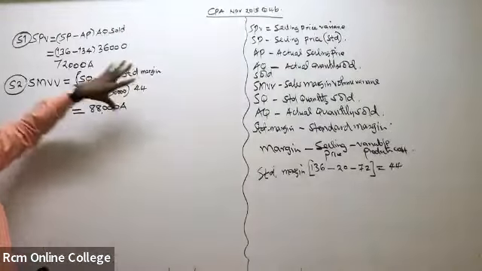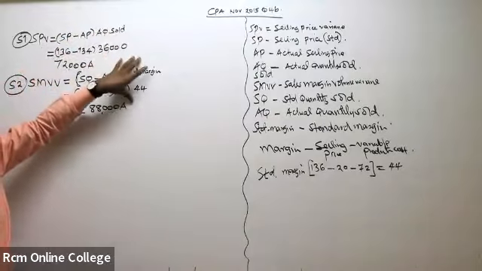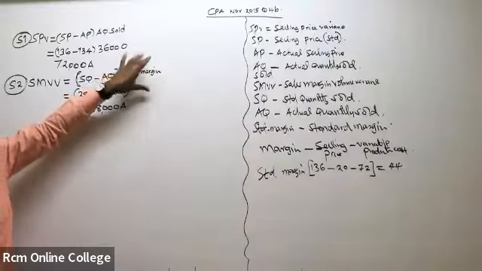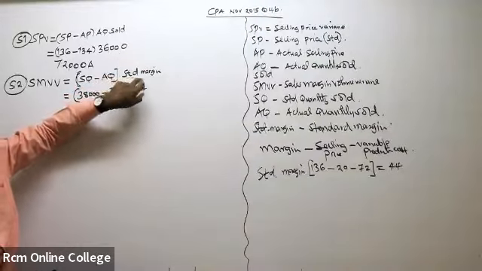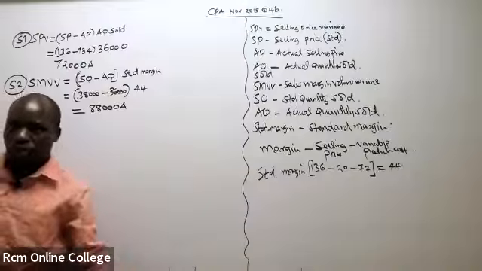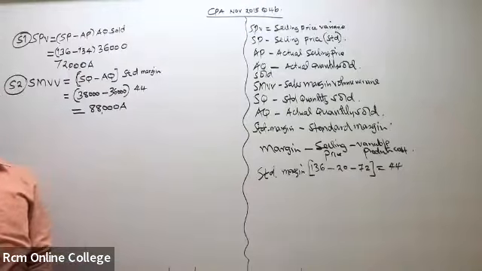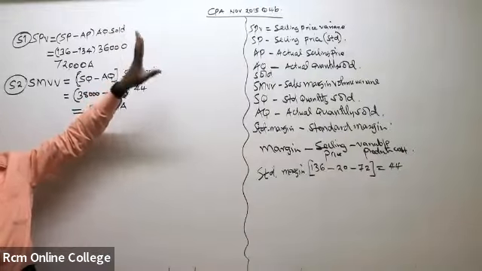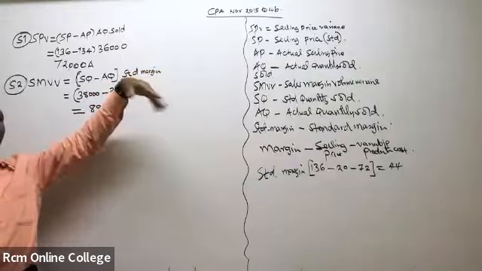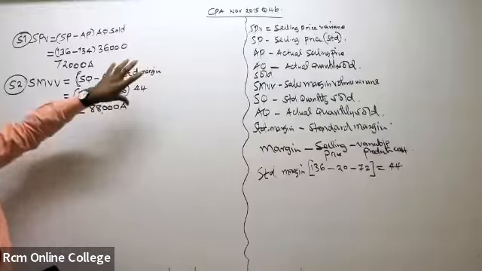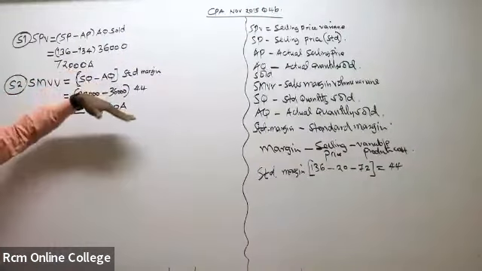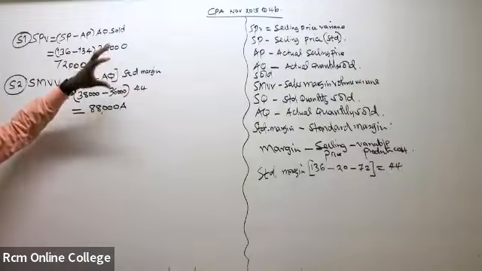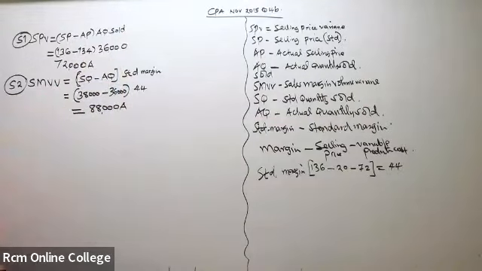For example, if the company was using absorption costing, then it would have been standard fixed cost per unit, or standard profit per unit. Remember, net profit or gross profit per unit is what you get when you bring in all the fixed production cost as part of the production cost.